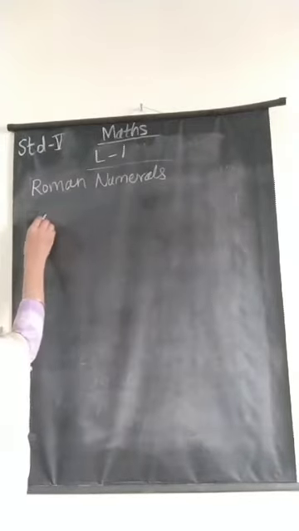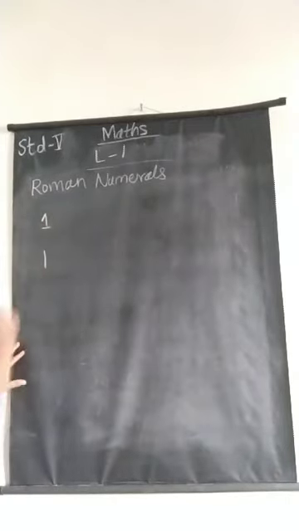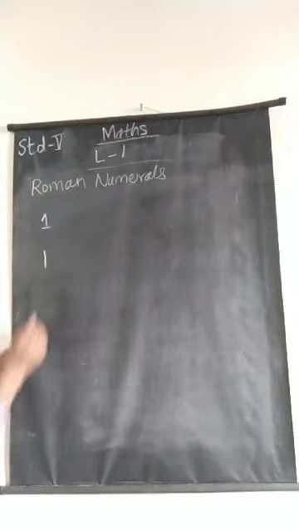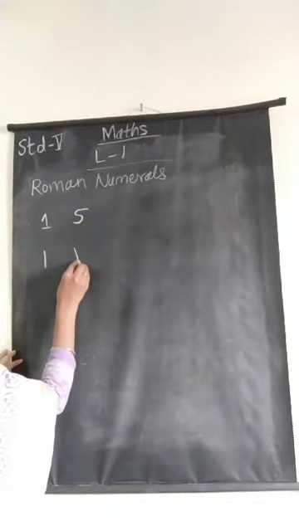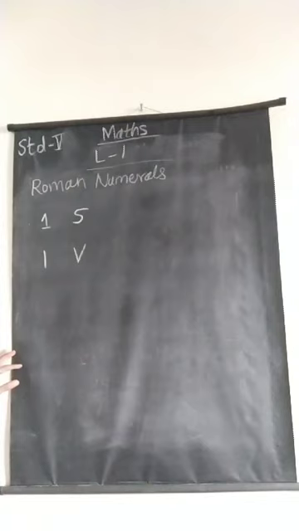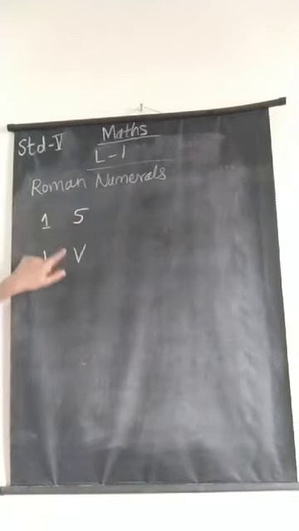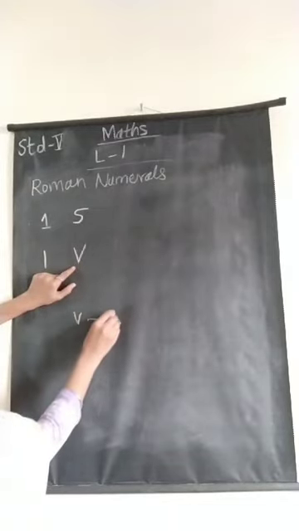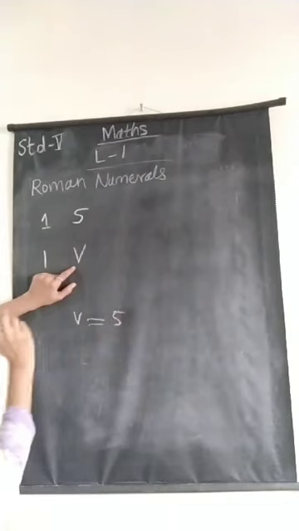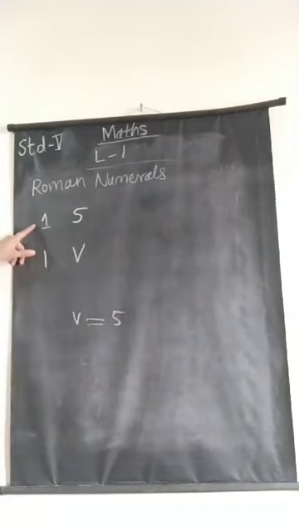For 1 they use I. Okay, it's like this, I. And for 5 they use V. If they have to write the number 5 in Rome, they use V. V means 5, I means 1.